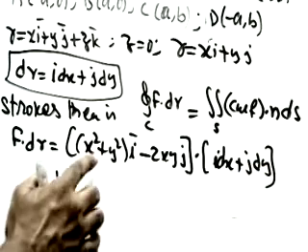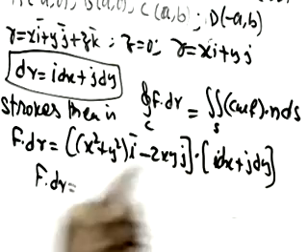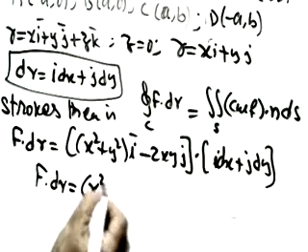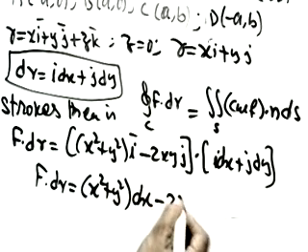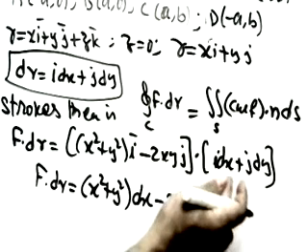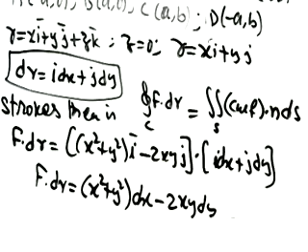The dot product means multiplying the coefficients of i and the coefficients of j. So F dot dr equals (x squared plus y squared) dx minus 2xy dy.